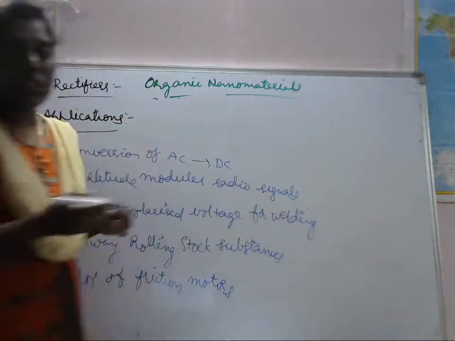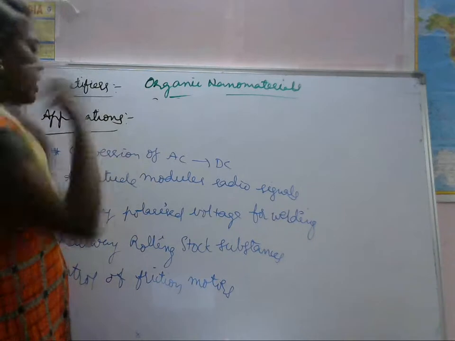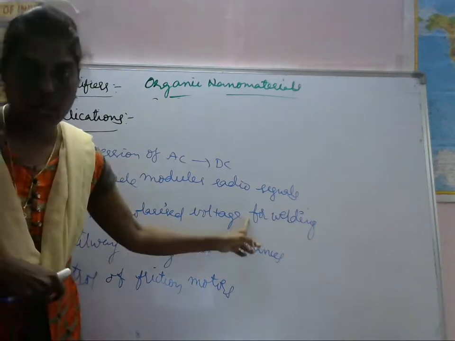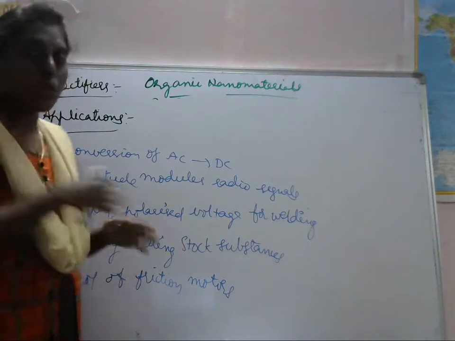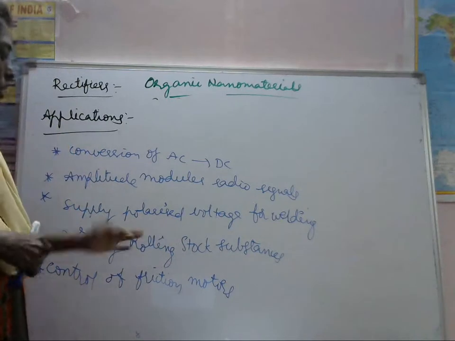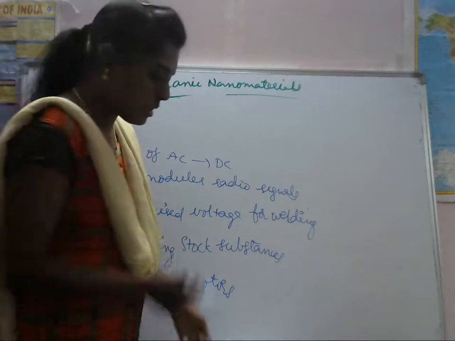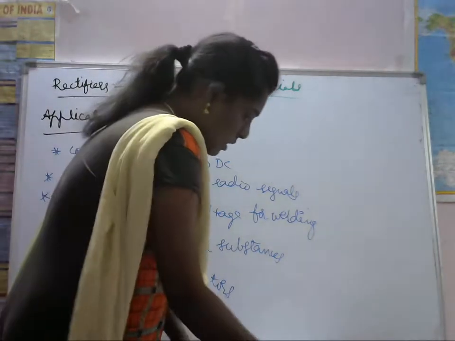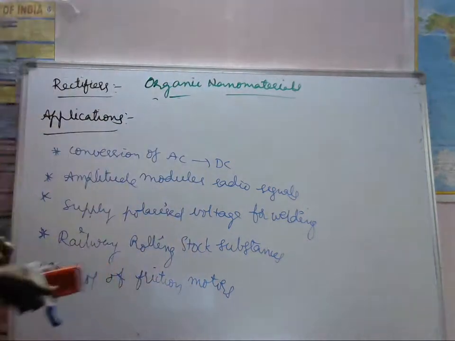Some welding process will be there, and these rectifiers supply the polarized voltage. And these are used in railway rolling stock substations. And these reduce the friction in motors. So these are the applications of this one. So let's see the carbon nanotubes.